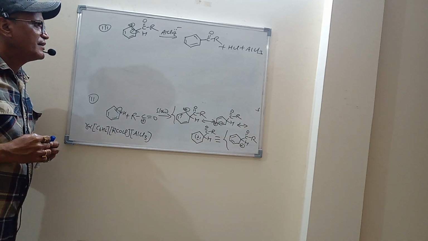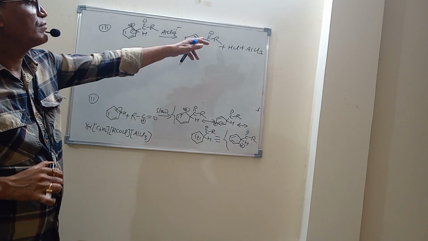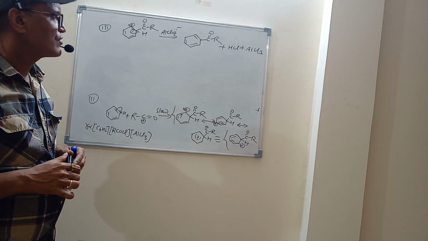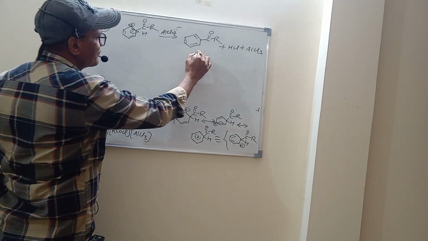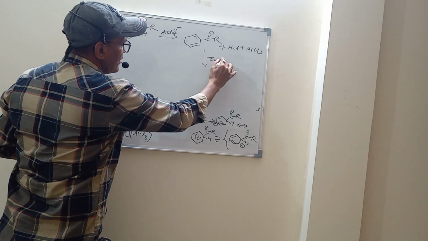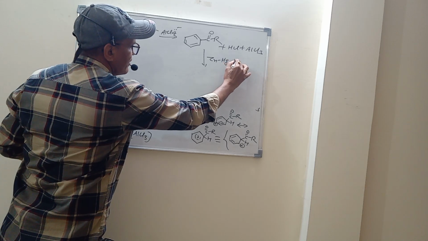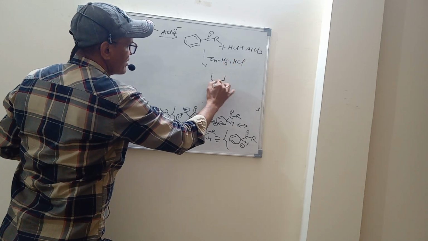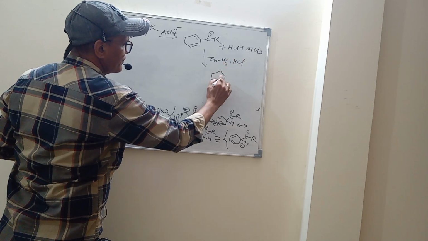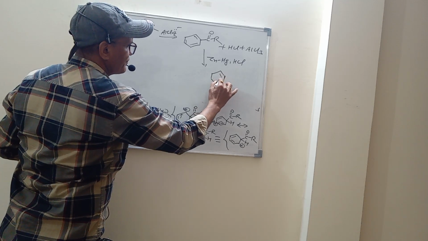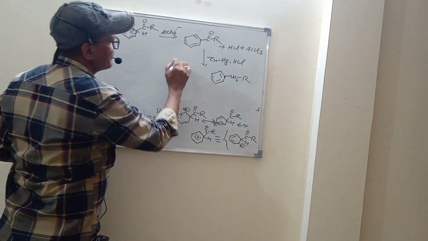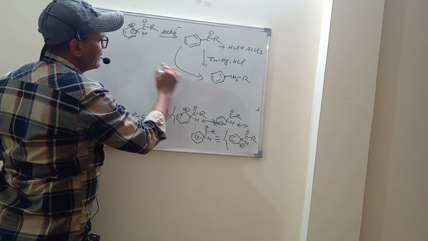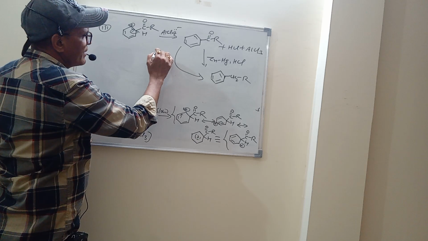As I told you earlier, this carbonyl group can be reduced by using Zn and HCl, amalgamated zinc. This is called Clemmensen reduction. That is CH2, or Wolff-Kishner reduction.